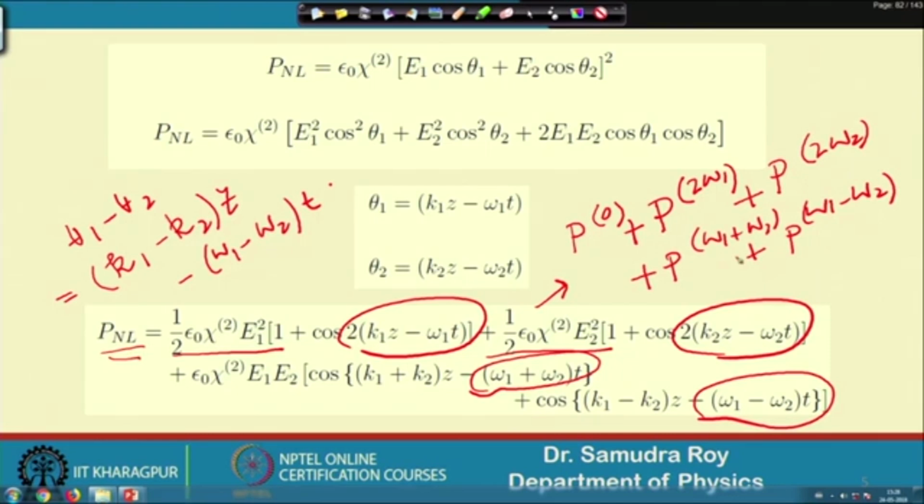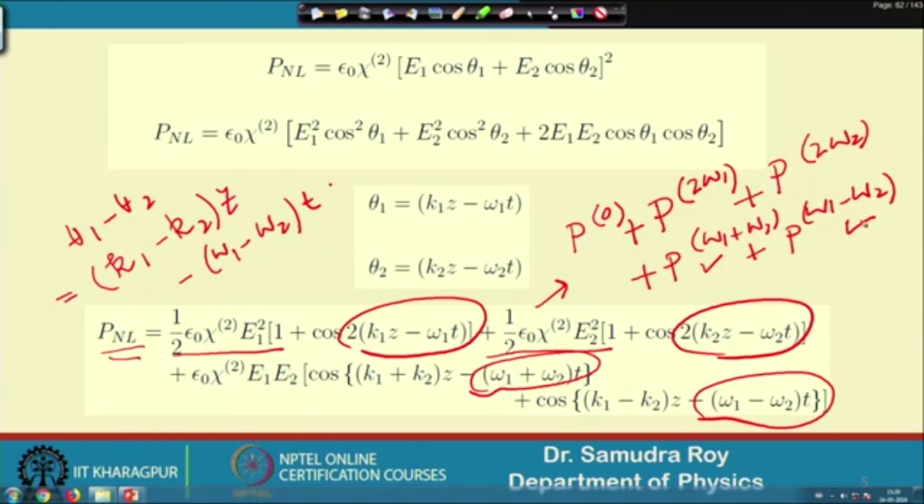But the important thing is that here the omega 1 plus omega 2 and omega 1 minus omega 2 terms are there. That means now the dipoles are not only going to vibrate at 2 omega 1 and 2 omega 2, but also at two different frequencies, omega 1 plus omega 2 and omega 1 minus omega 2.